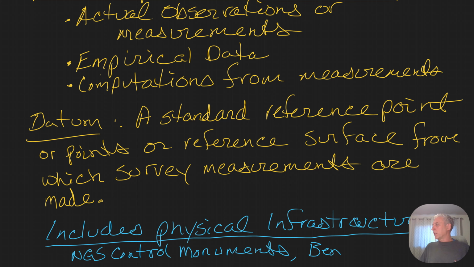So the physical infrastructure are those things you can actually walk to on the ground and point to and say, there's a cap or a pipe or there's something in the ground with published coordinates, and those physical infrastructure up until recently were managed and regularly checked for their accuracy, their precision, any change in the system. So all of that together is what makes a datum.